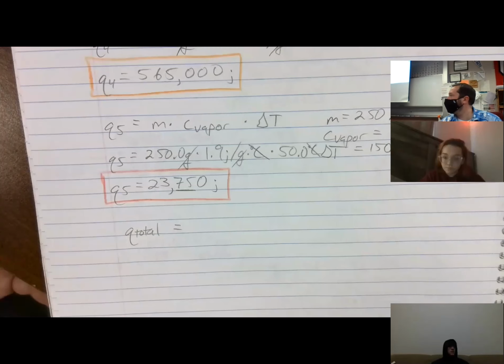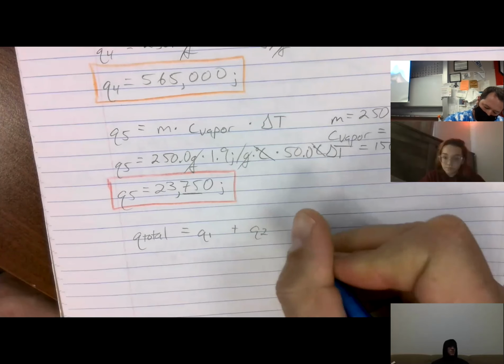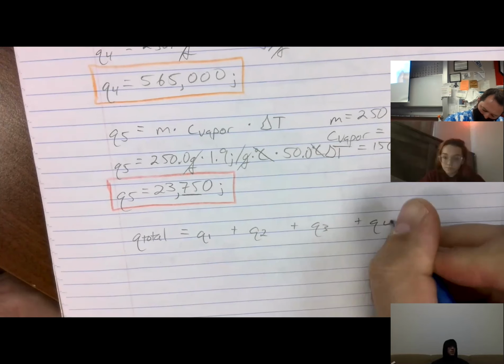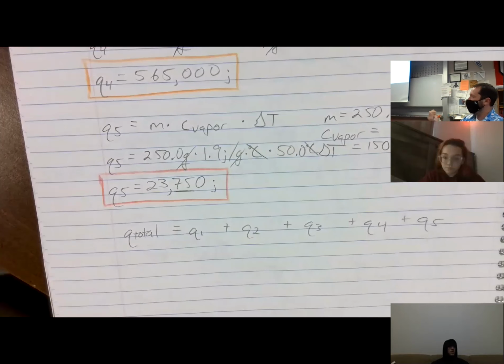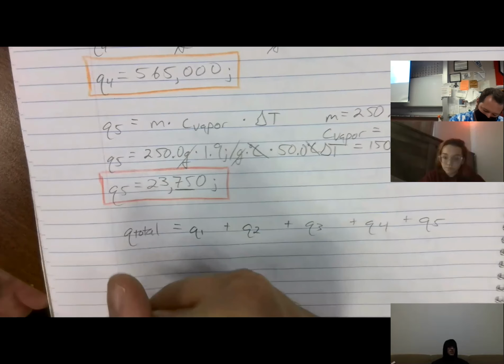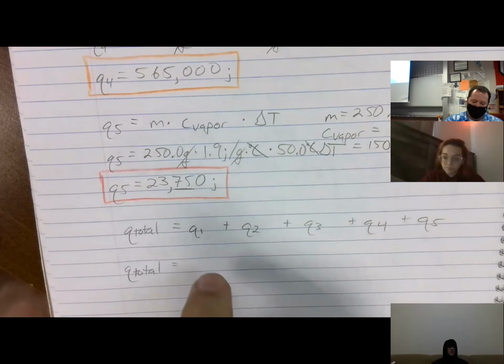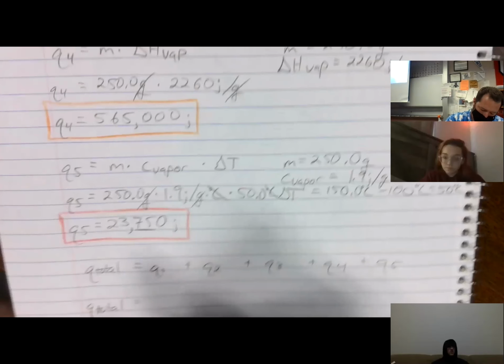Well, pretty easy to do this. Q1 plus Q2 plus Q3 plus Q4 plus Q5. You guys know how to total, add everything up. Our first amount of energy, Q1, 13,130.